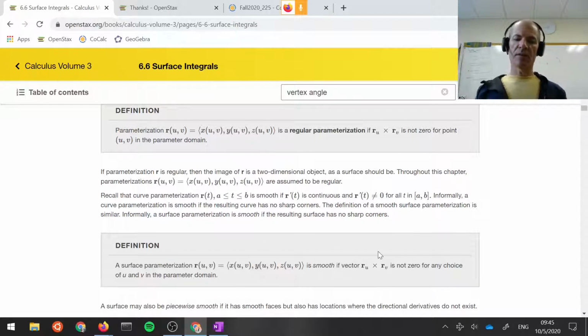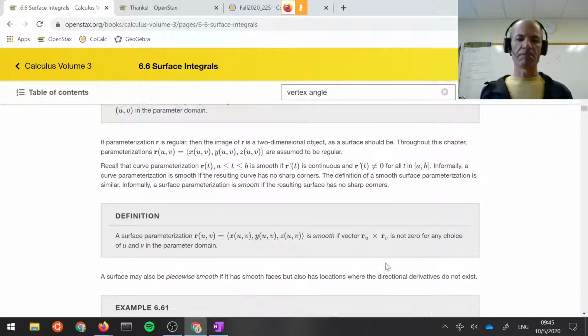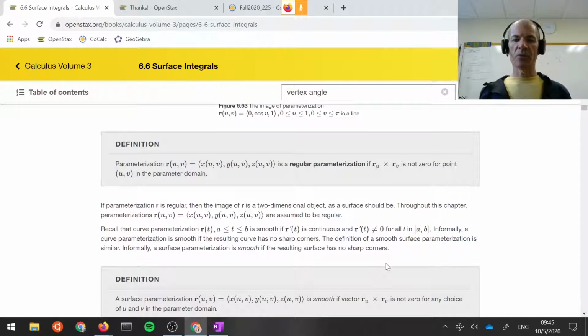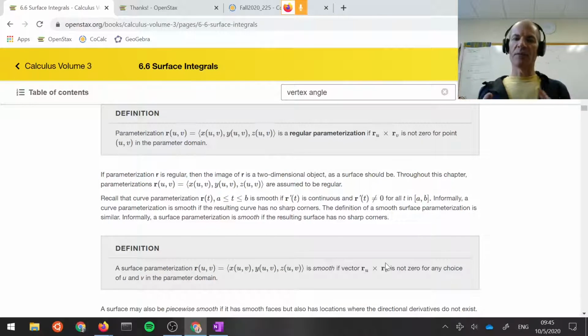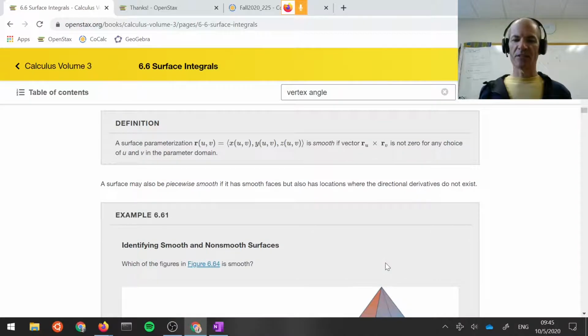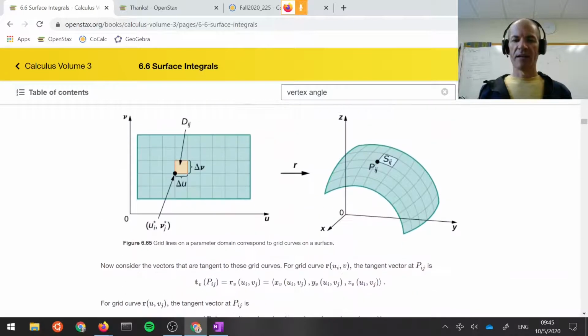We just don't want this cross product to disappear a lot. If it disappears at all, it's not a regular parameterization. It's not smooth. We're actually going to see an example where it does disappear, but only at a point, and we're going to find that that's actually okay. So a couple of vocabulary words that are technically important, but not something we run into very often.